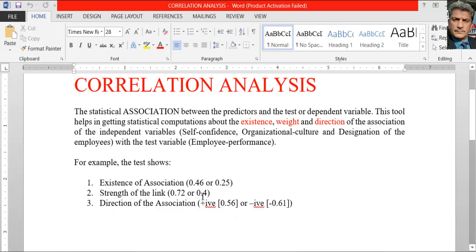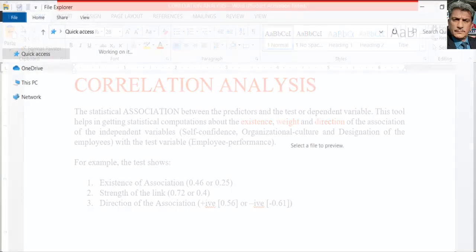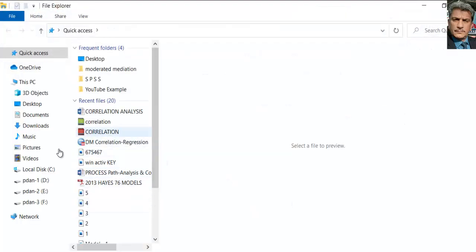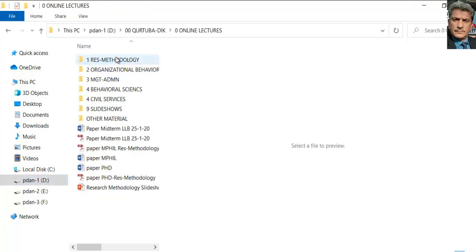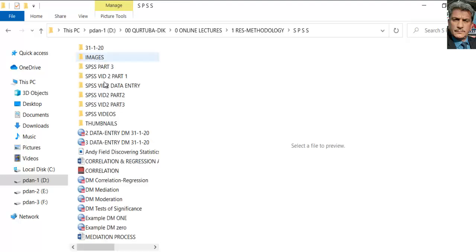Now let's go for testing and having a practical experience of how correlation analysis runs and how these results of the association can be achieved. We shall activate a data matrix to run the correlation analysis.